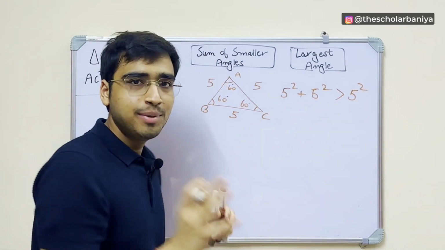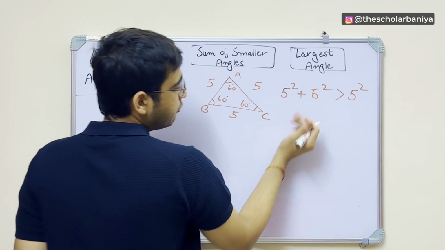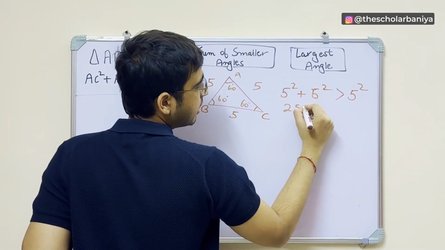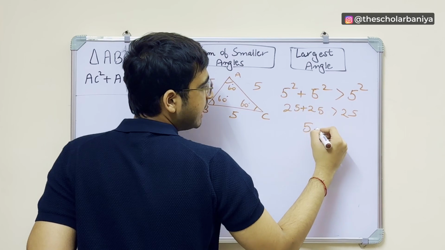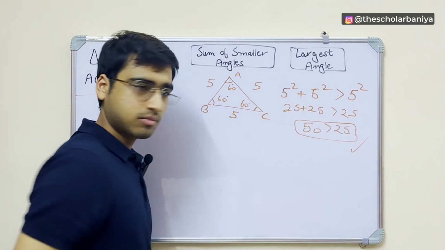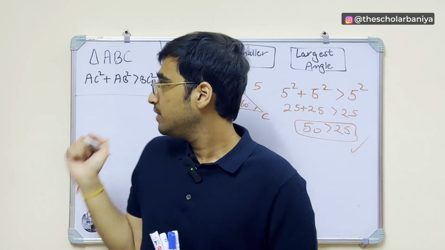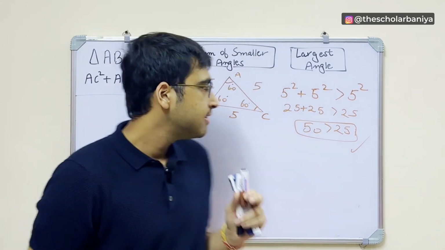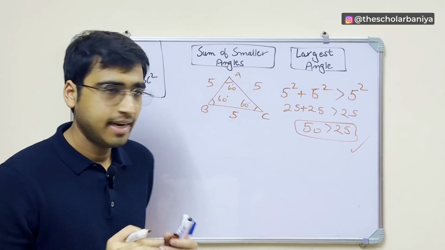So this should be satisfied according to the given condition, right? So 25 plus 25 is greater than 25. So 50 is greater than 25, which is absolutely true, right? Which means this case is valid because we are satisfying this condition. That means the case which we have taken is completely fine, right?